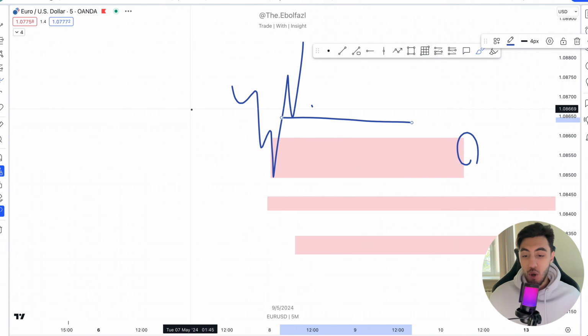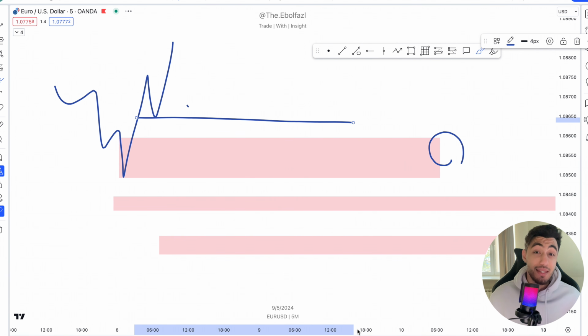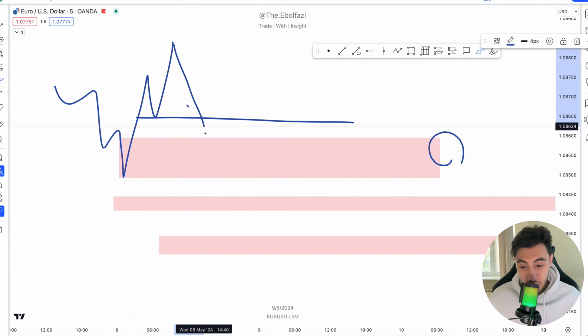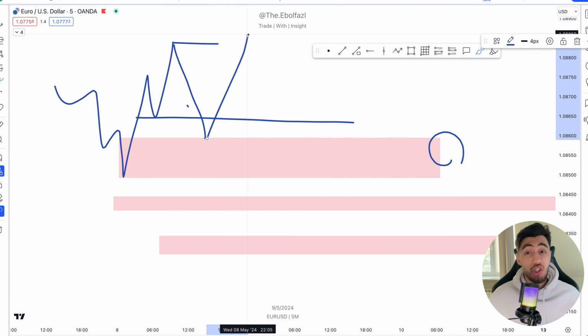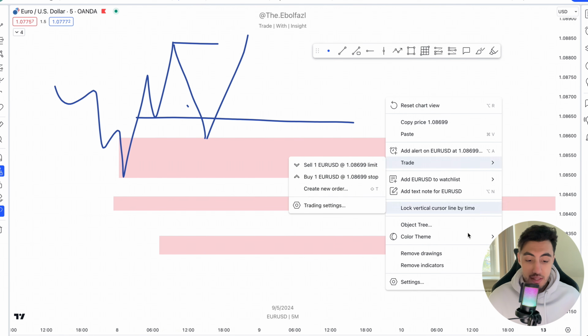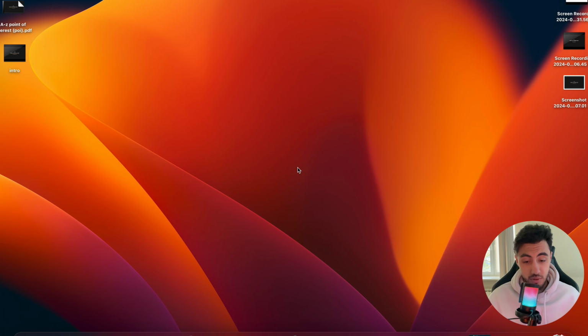So exactly on the market, the liquidity is the gas of the car. Let's say the market is a car, that liquidity is going to be the gas. So the market is going to take the liquidity from here and move to the other liquidity, exactly the internal to external range cycle. This is the most important thing that you must understand.